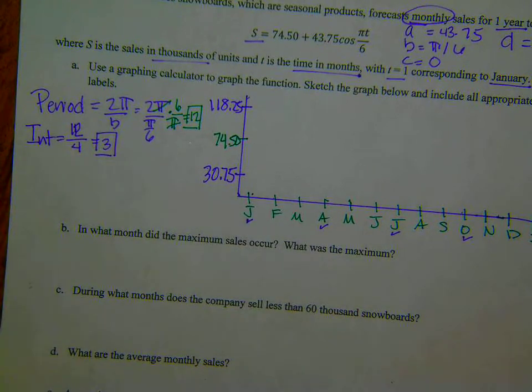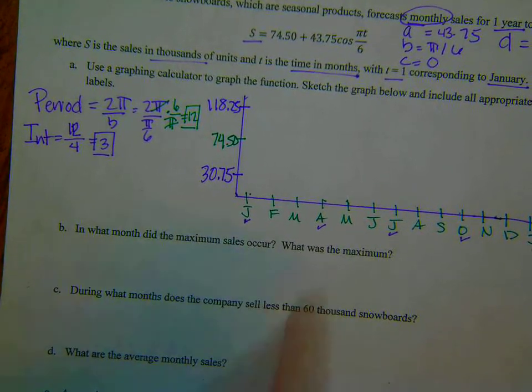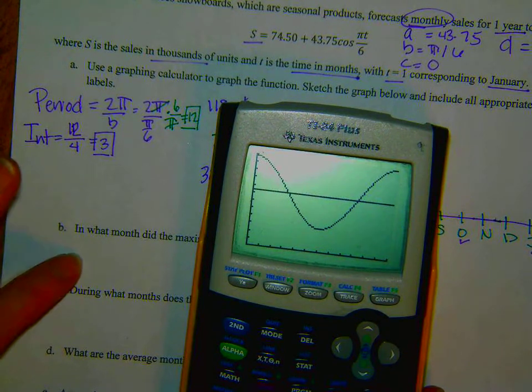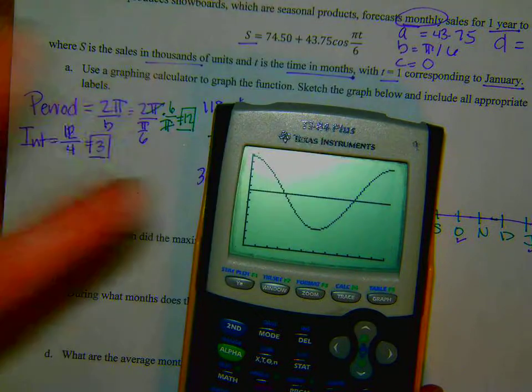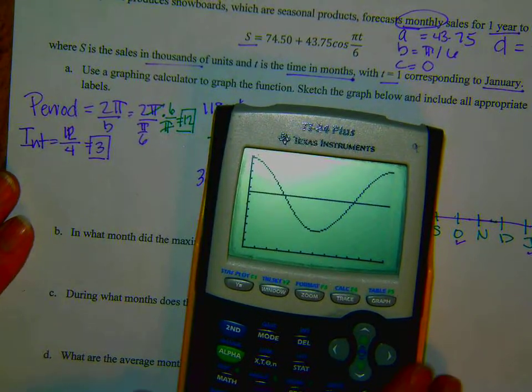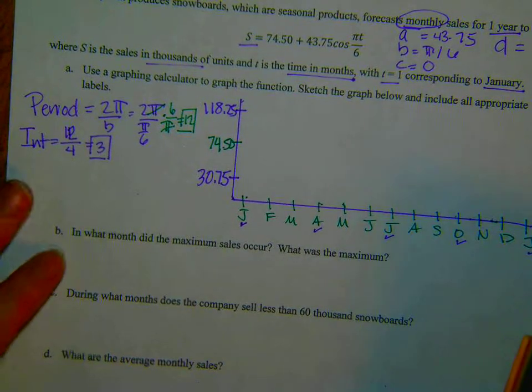In what month did the maximum sales occur? So the maximum sales occurred in December. Okay, which makes sense, right? Christmas. So it's either in January or December, but we'll go for December.